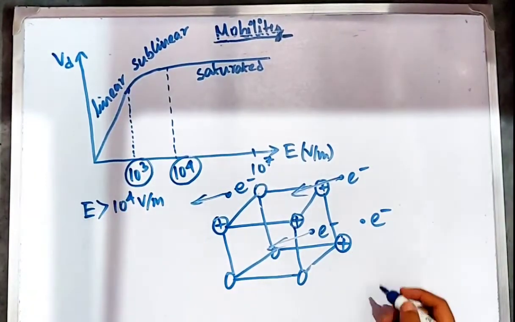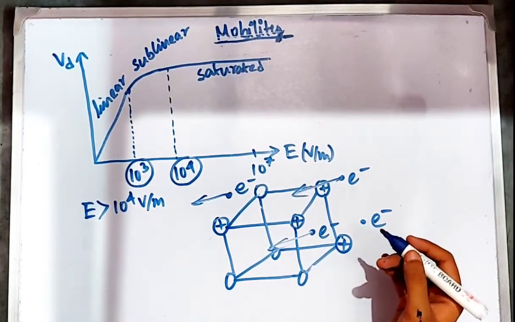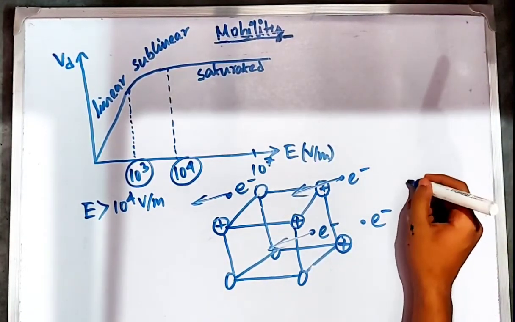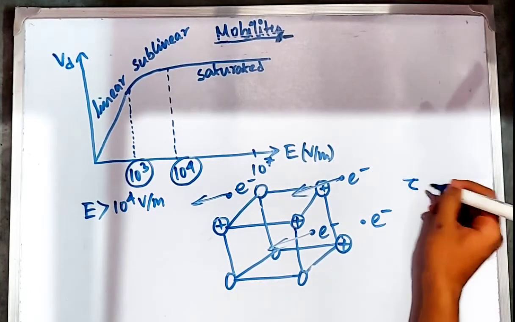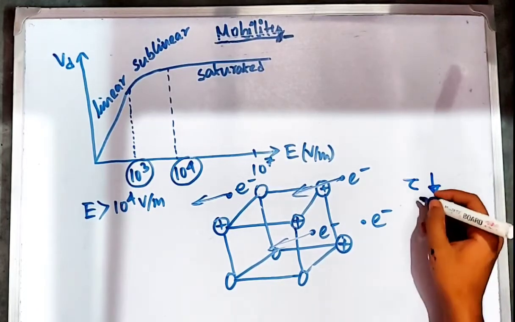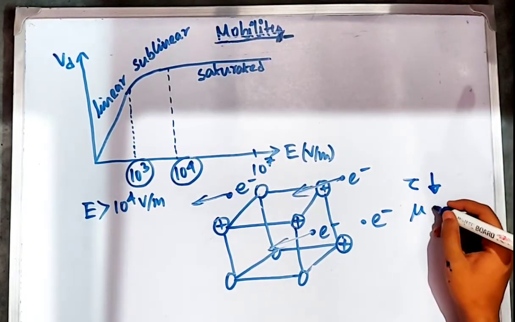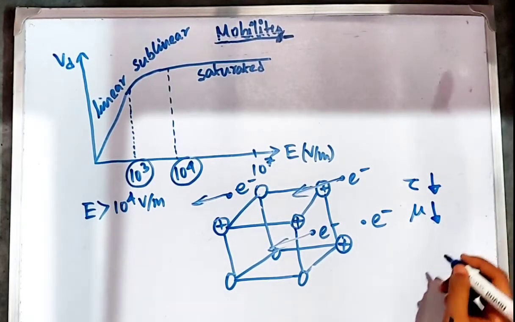So that is why the electrons will get more and more collisions. So of course the relaxation time tau will reduce, and that means the mobility will also reduce.